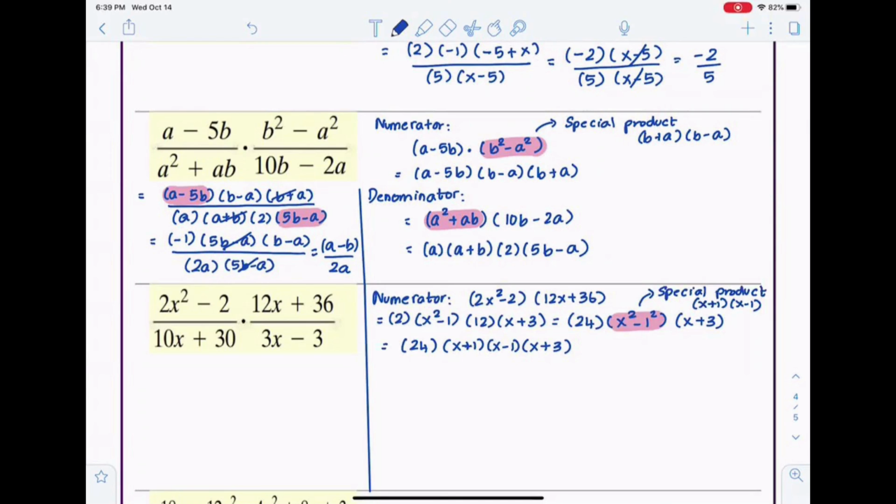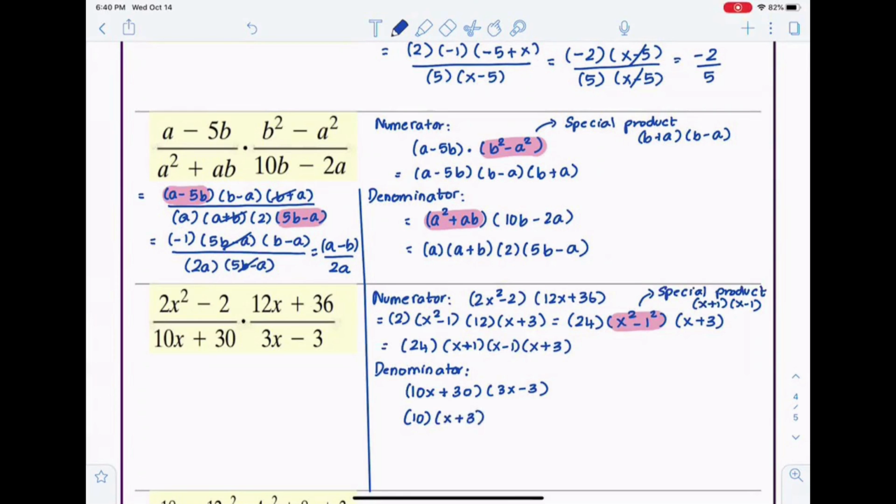Now we move on to the denominator. We have 10x plus 30 multiplied by 3x minus 3. You look at the first two terms in the first factor, we have a 10 in common. So if I pull 10 out, I have x plus 3.